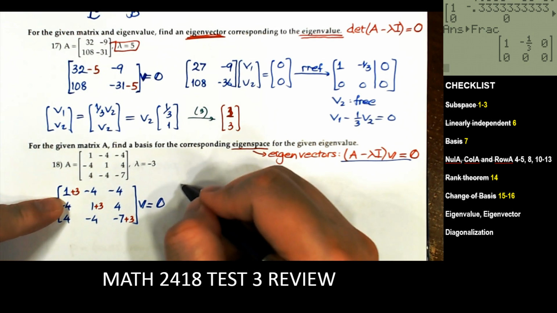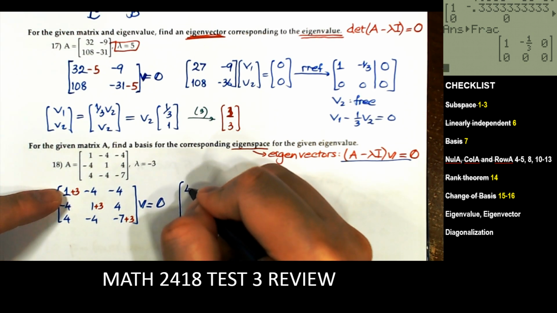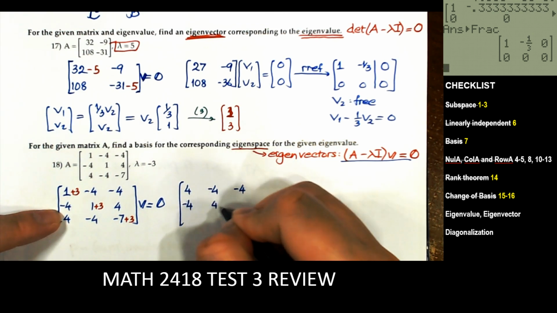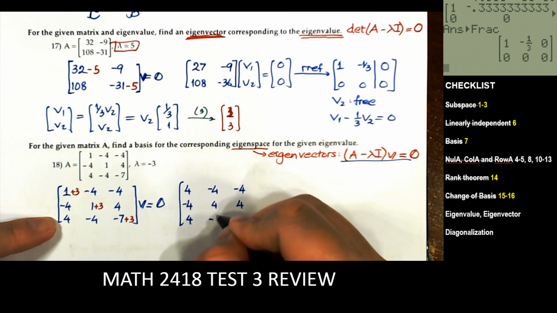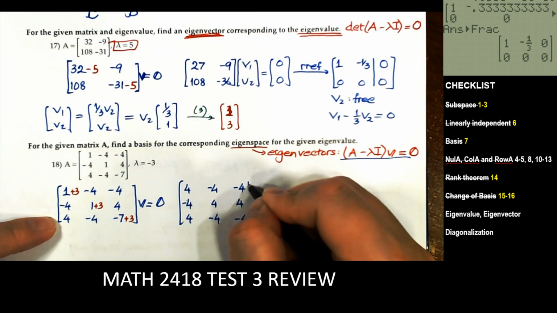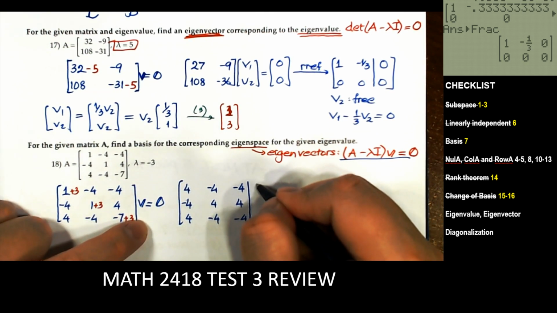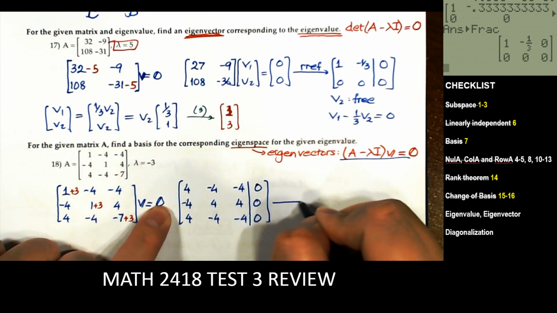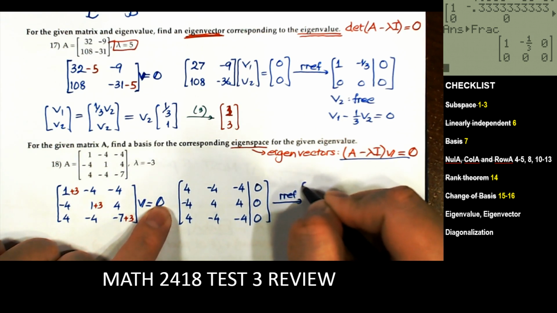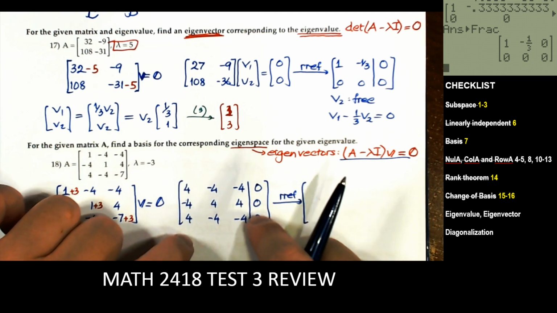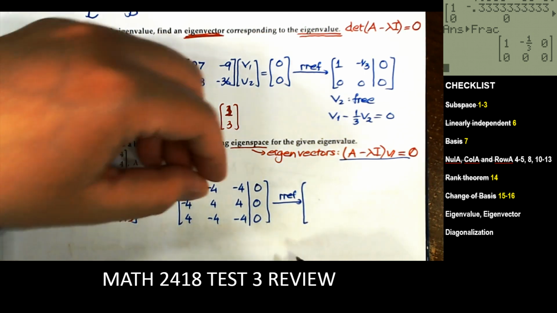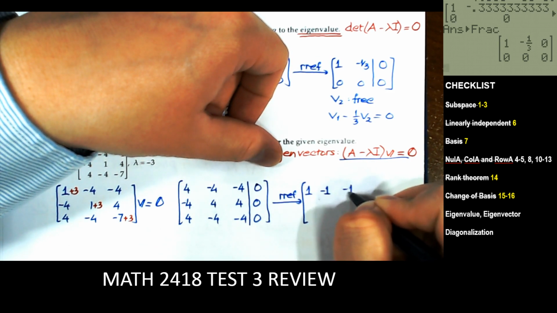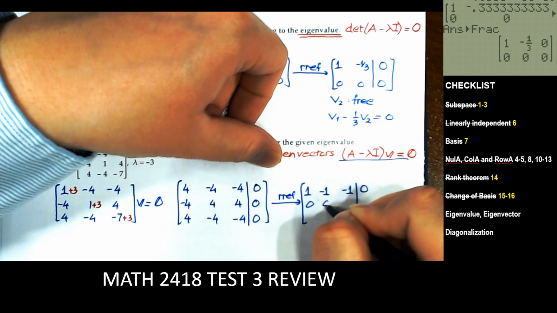So I will write the augmented matrix as 4, -4, -4, -4, 4, and 4. It looks a little strange, but that's alright. Augmented matrix, so we just draw a line and then 0. And then reduced row echelon form. I don't have to do this because all those rows are multiples of each other. So the first row will be just 1, -1, -1, and then 0 everywhere else.